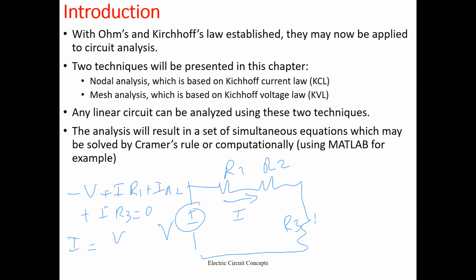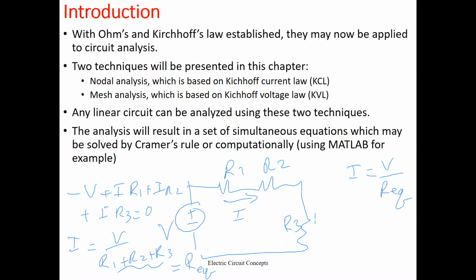So I will be V over R1 plus R2 plus R3. And we name this total of the resistance the equivalent resistance, R equivalent or RT. So I would be equal to V over R equivalent, or IT.